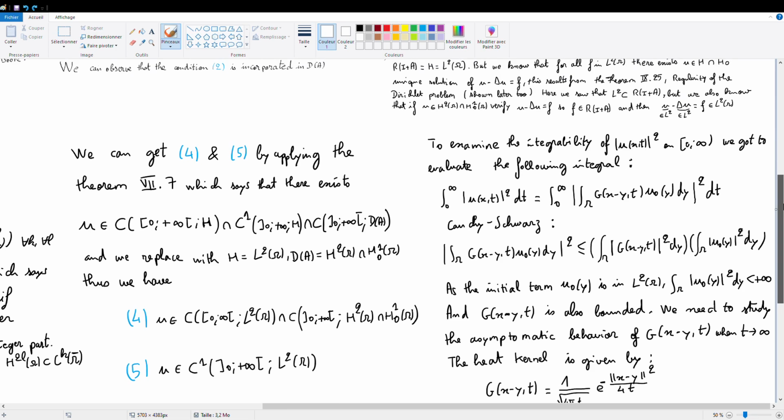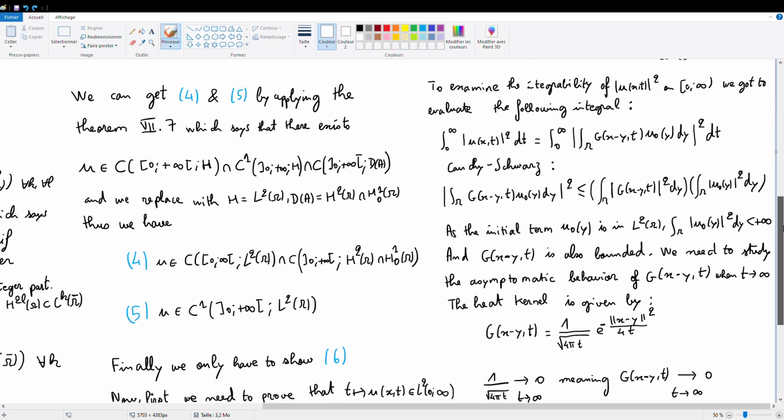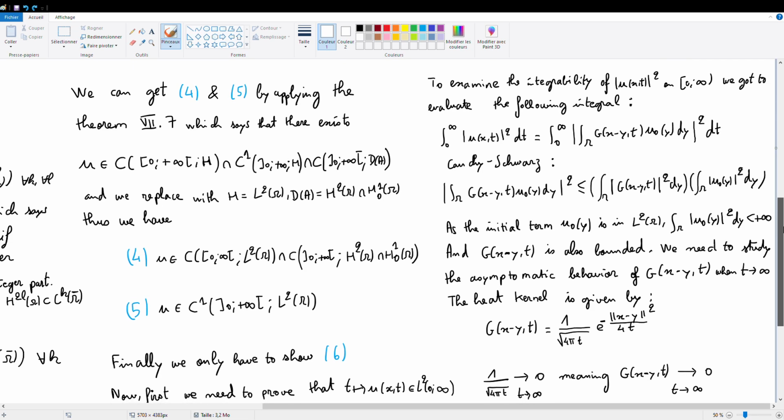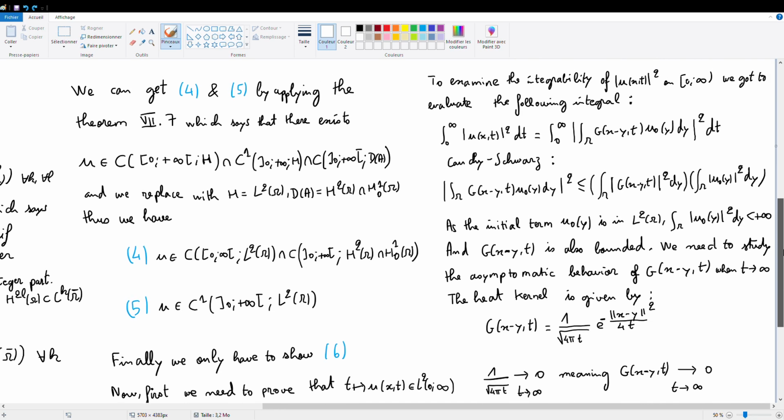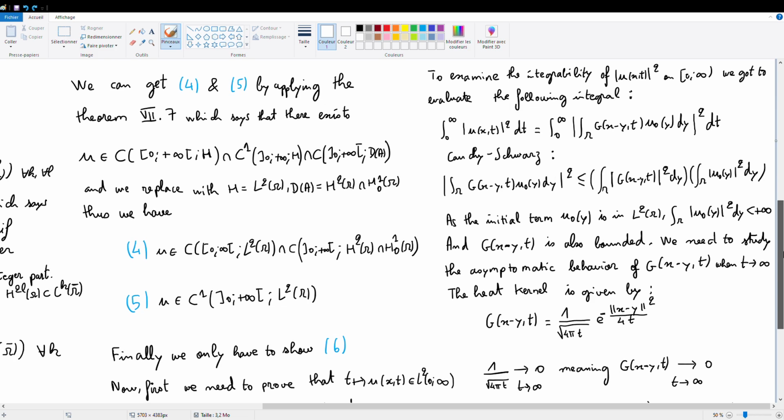To examine the integrability of the absolute value of the temperature squared on 0 to plus infinity, we have to evaluate the following integral. So we replace with the expression of u we just saw, and we use the Cauchy-Schwarz inequality to upper bound the absolute value squared of the main term of our integral.